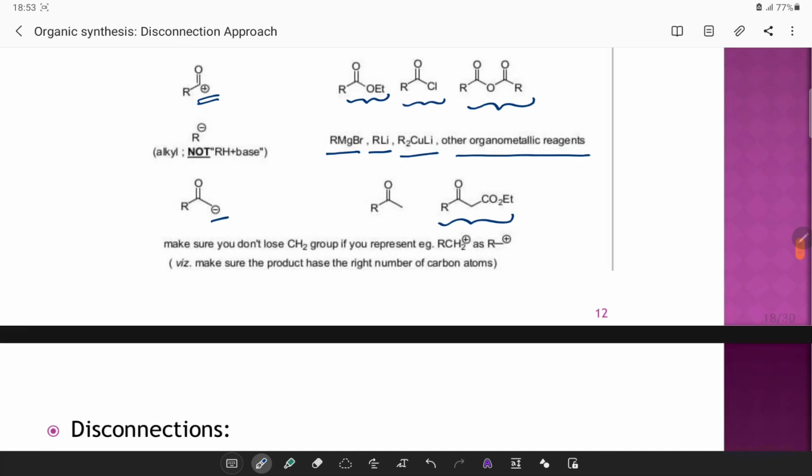But one thing we have to see is that if there is a very long system like CH2 present, we have to make sure that we do not lose any CH2 system, and then generate a synthetic equivalent. So this is how we can understand a donor synthon system and an acceptor synthon system.